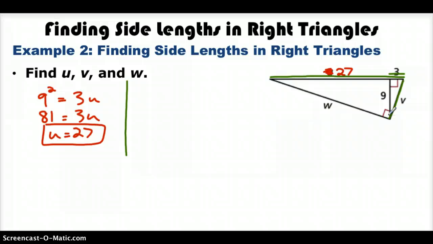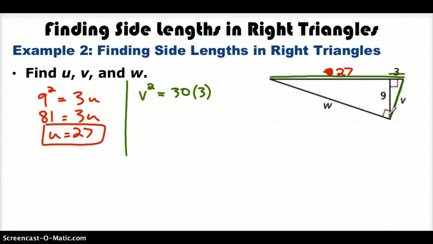So we take the length of that leg, v, and square it because it's the geometric mean. That's equal to the length of the entire section. The segment addition postulate tells us that that's going to be 30. Then we multiply that by just that little adjacent section of it, which is 3.